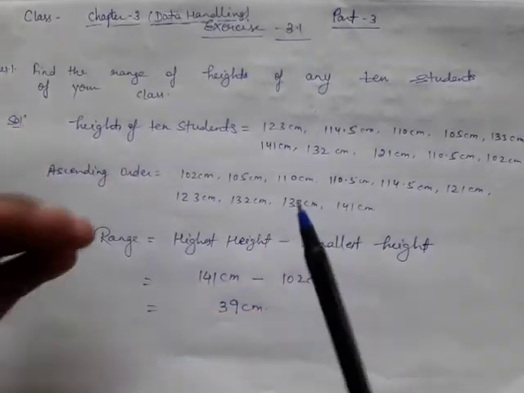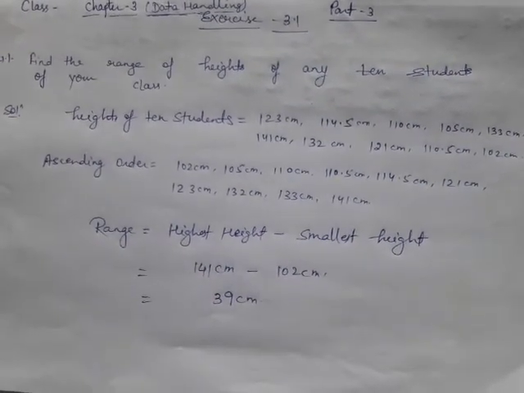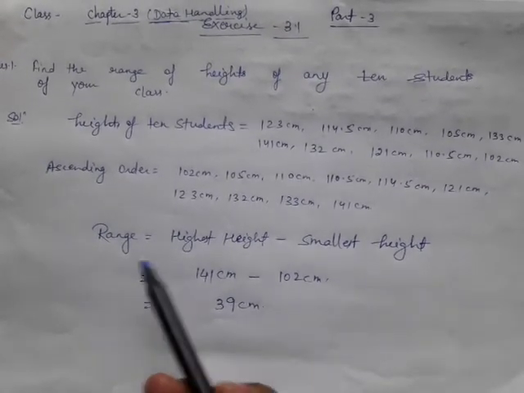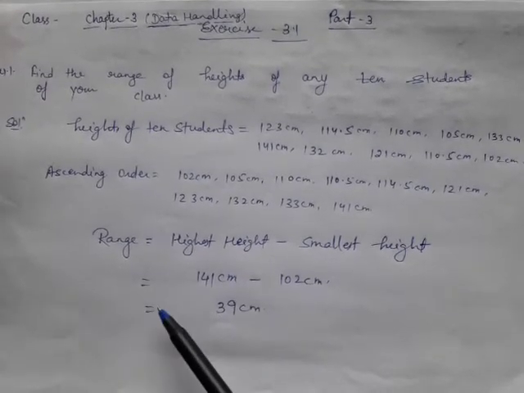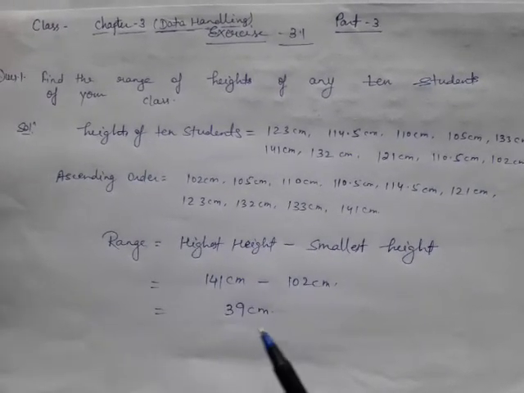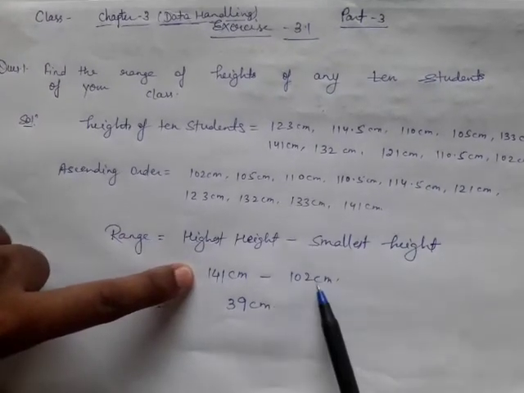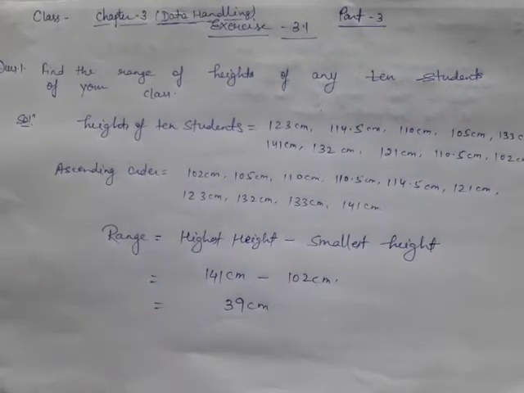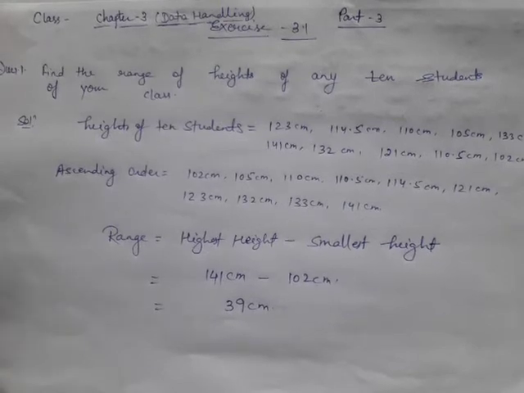We know that range is the difference between the highest and the lowest value of the observation. So range equals highest height minus smallest height, 141 centimeter minus 102 centimeter, equal to 39 centimeter. Clear? It is the first question.